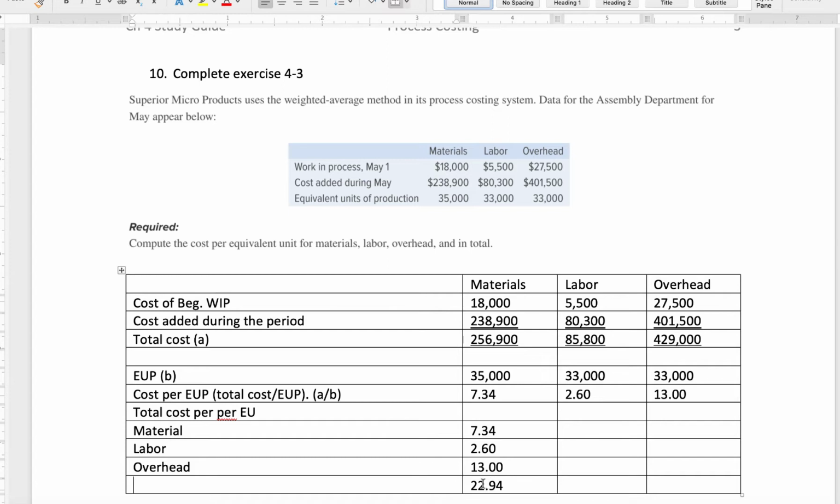This right here is my total cost per equivalent unit. That's how much each unit costs. And I'm going to double underline this.